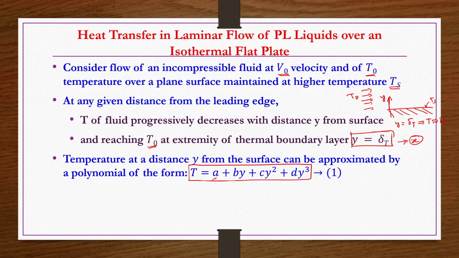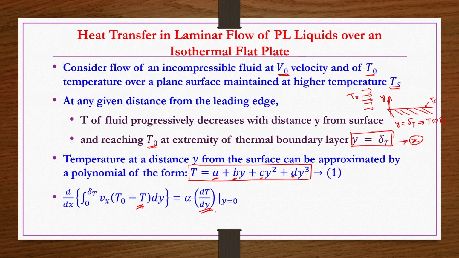Now, if you can find out these a, b, c, d, then obviously you can use the final temperature profile in this integral energy equation, get the dT by dy at y equals 0, substitute here, and finally solve this equation for delta T as a function of x, right. So, first we have to find out these a, b, c, d constants. So obviously we need to have boundary conditions.